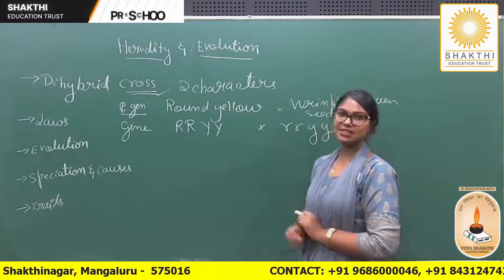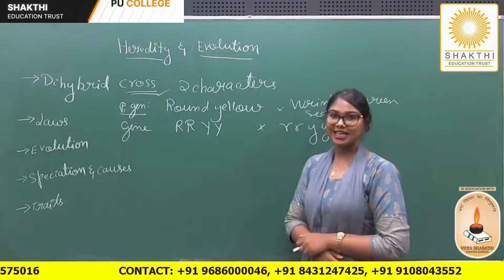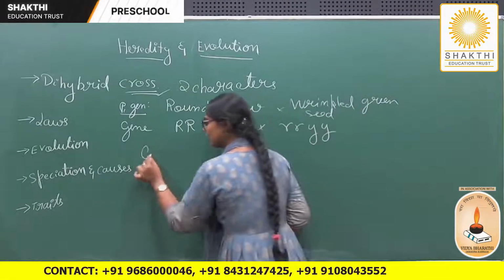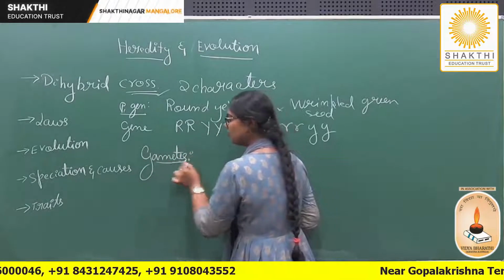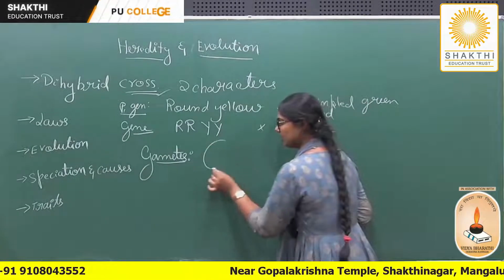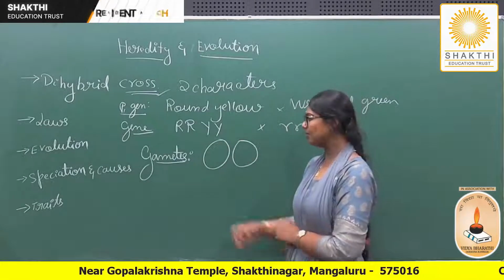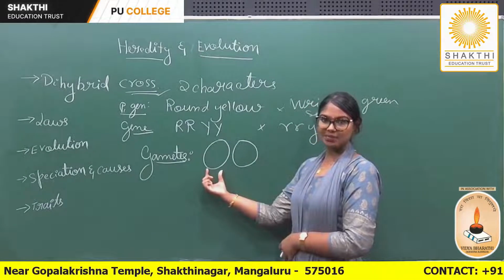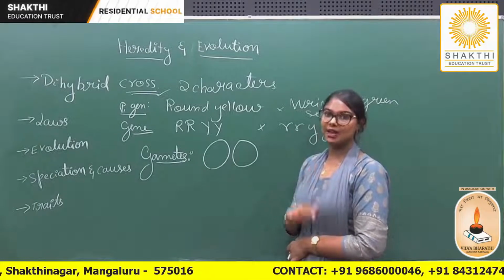Once we have written the genes, what is the next step? We are supposed to write the gametes. Now, what are gametes? How do we write them? Quickly recall. Gametes are always written within circles. The rule is that inside one gamete, we can write only one letter of one kind.